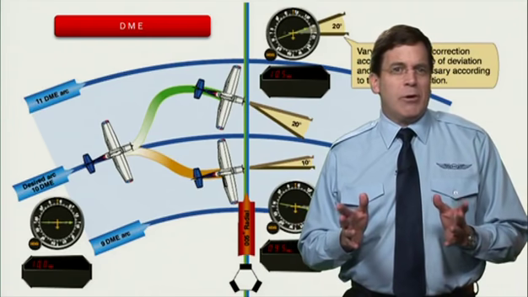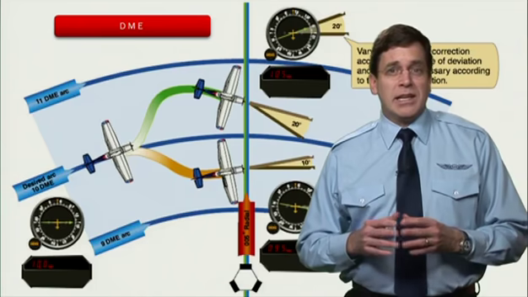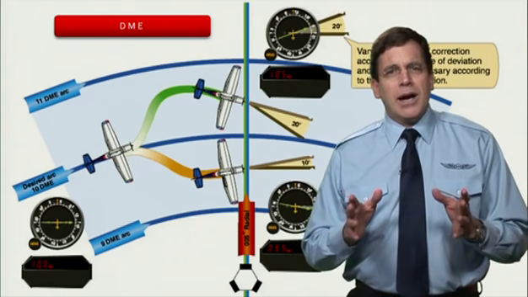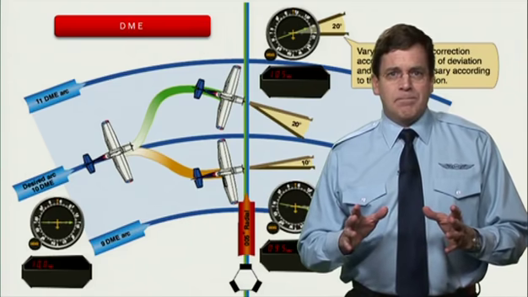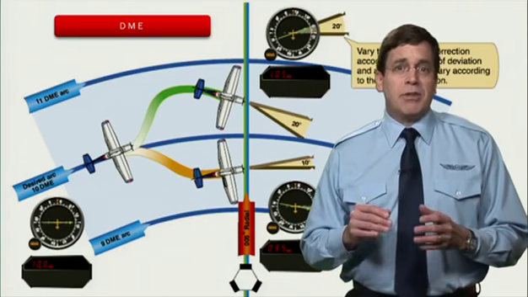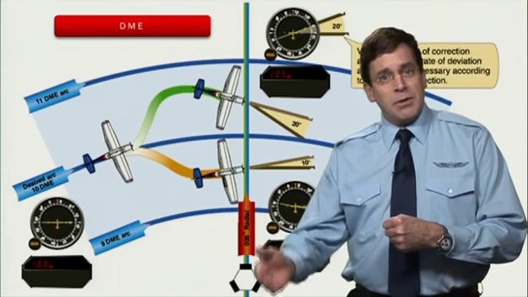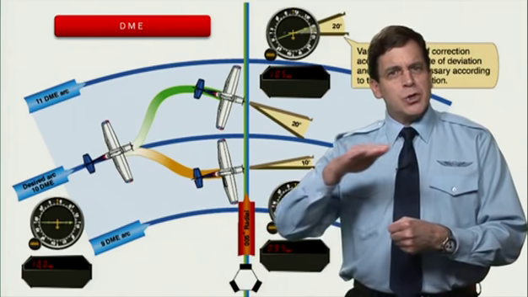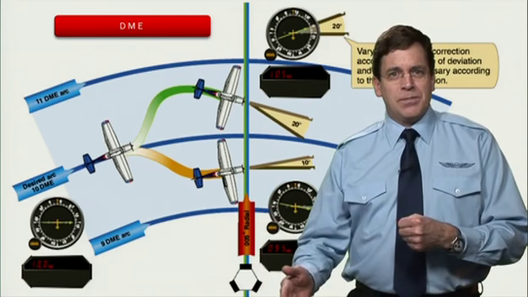Such a facility may or may not be co-located with a facility that provides final approach guidance. With an RMI, or radio magnetic indicator, in a no-wind condition, pilots should theoretically be able to fly an exact circle around a facility. In actual practice, a series of short legs are flown.